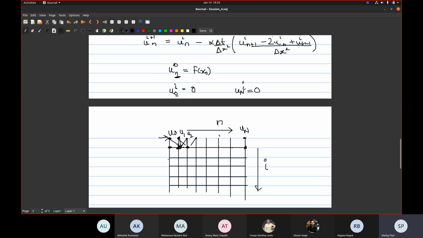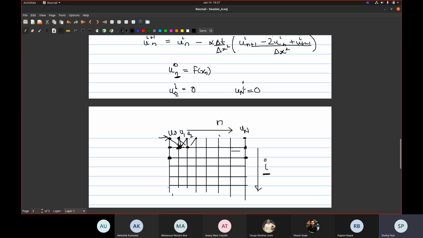Similarly, for the next row, this is 0, this is 0, and I will find values for this. This will keep continuing till however much time I want. So that is precisely what we are doing here. We are using a weighted average of these values to find each point, and we know the first and last point is 0 given our boundary conditions.